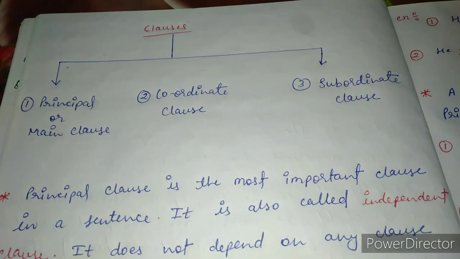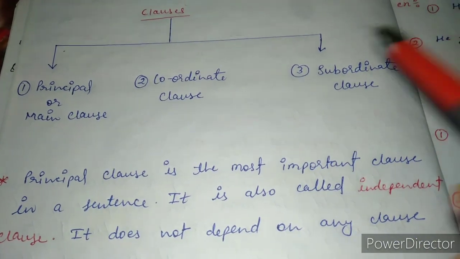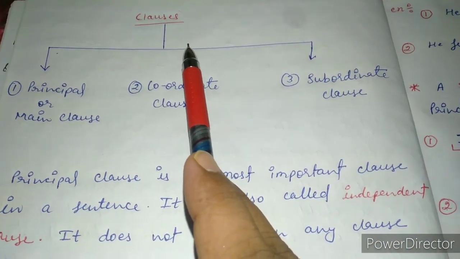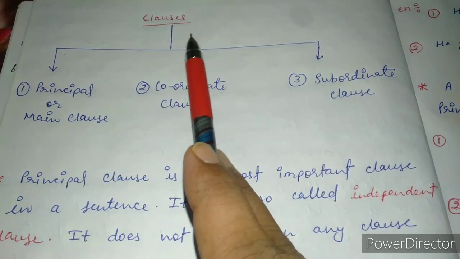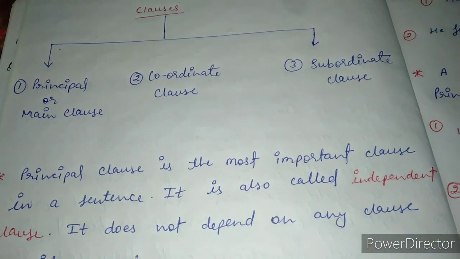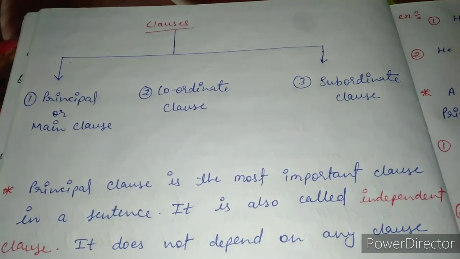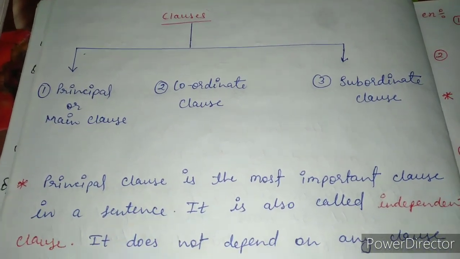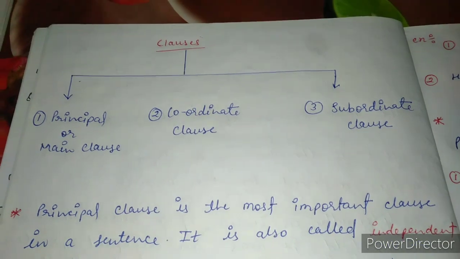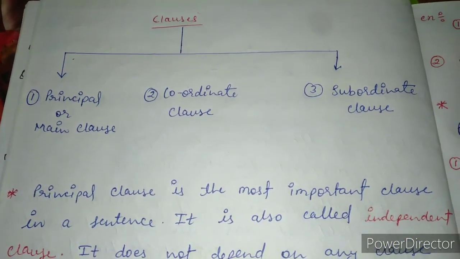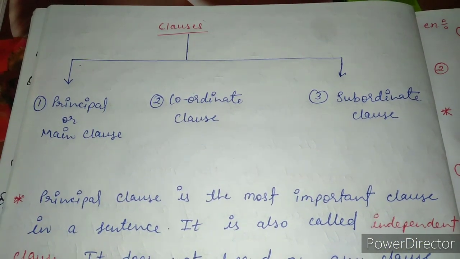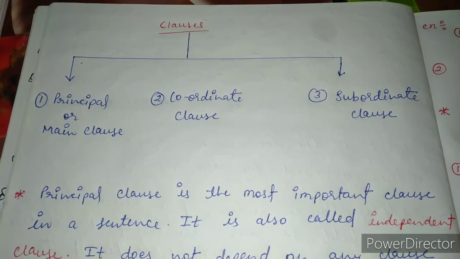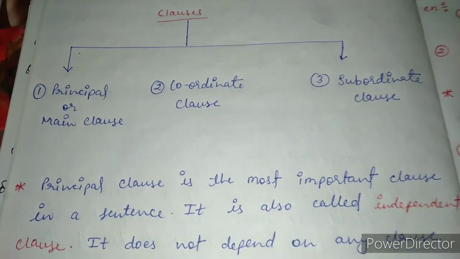Let me repeat the definition again. A clause is a group of words having a subject and a verb of its own. Keep this definition in your mind, it will help you during the explanation of noun clause, adjective clause, and adverb clause. So let us move forward.